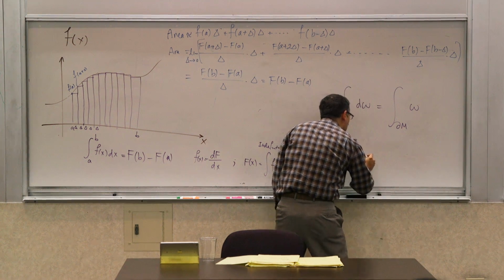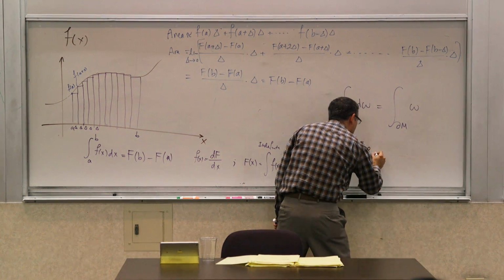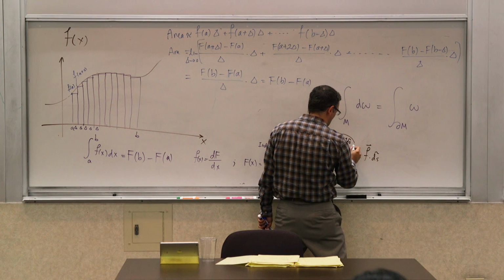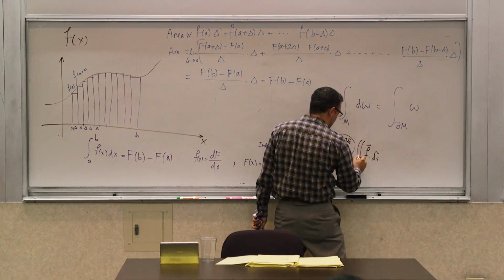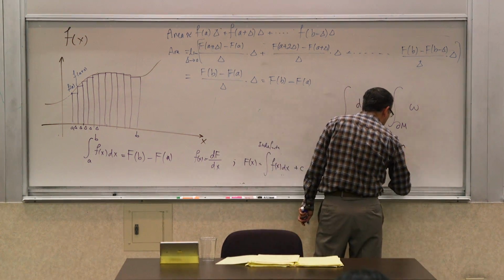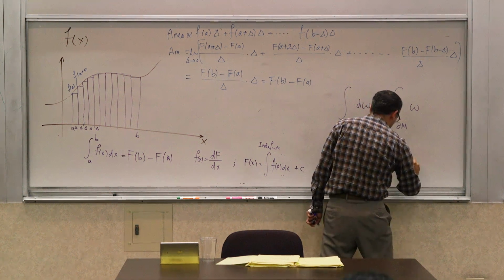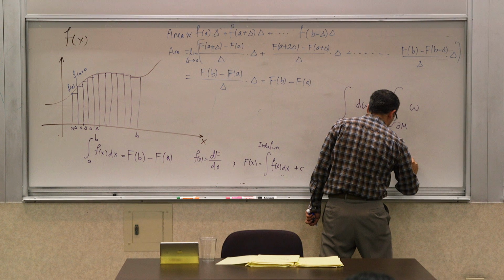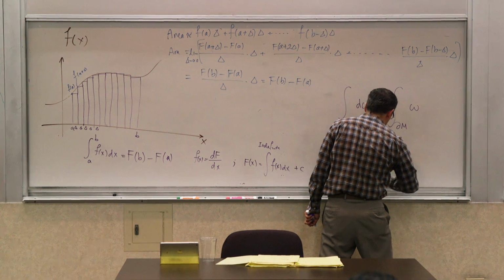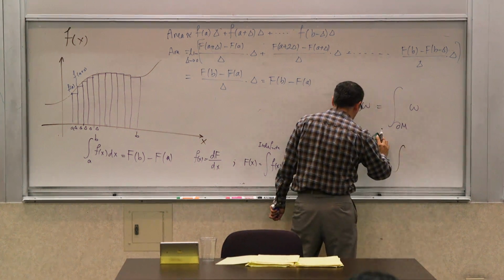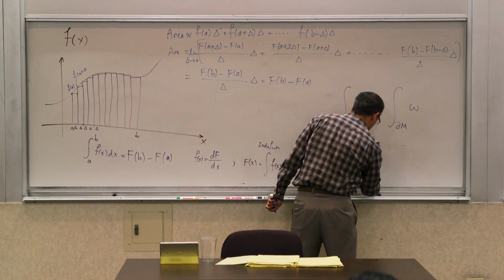So the integral of f ds over the surface, so this is a surface integral, double integral, equals the integral of the derivative of this function. Okay. I'm making this mess. Okay, so sorry. Never mind.